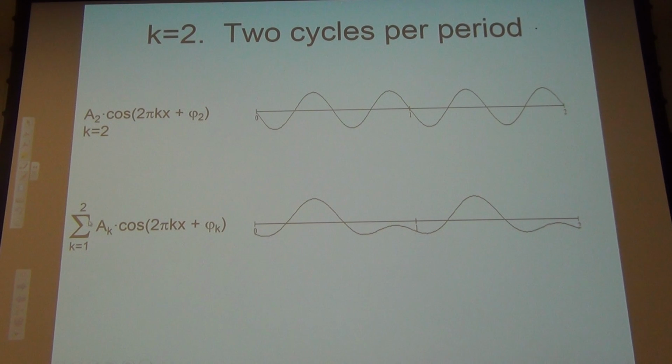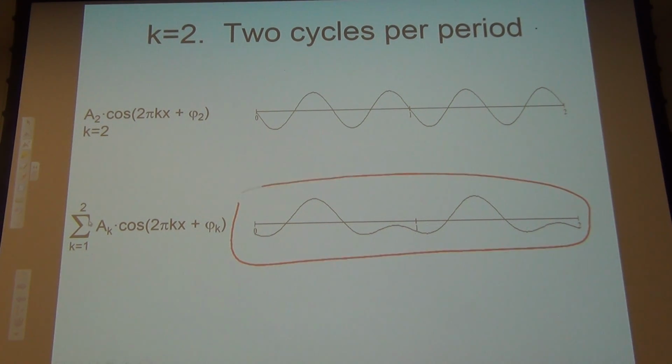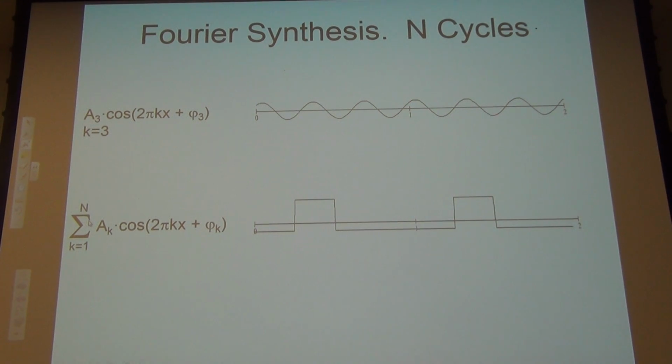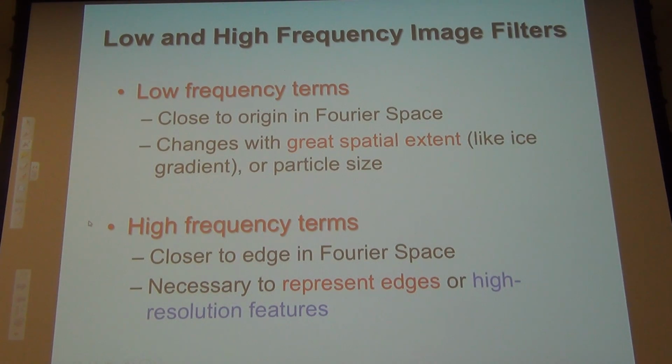We have a new mixture signal, and we keep adding the increased frequency signals into this original one, and finally we can get the periodic boxcar signal.